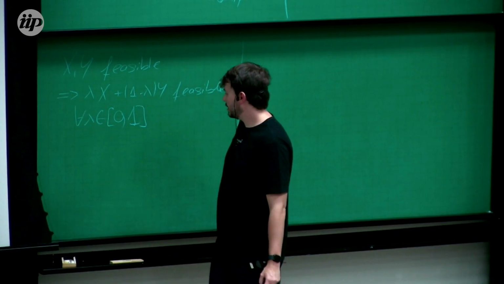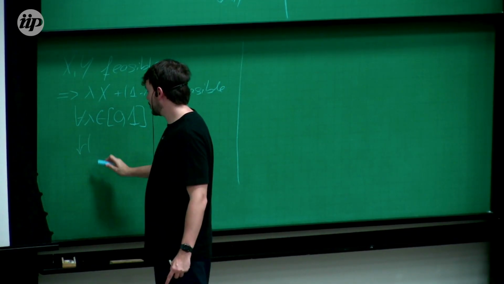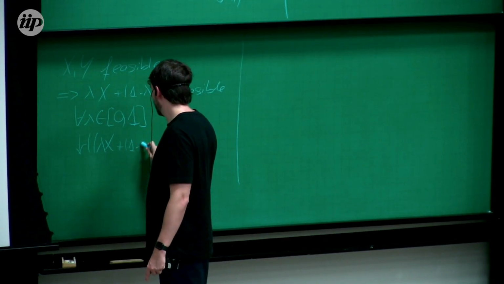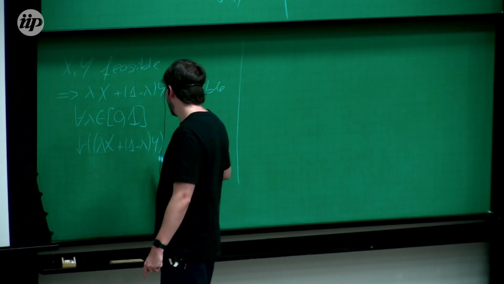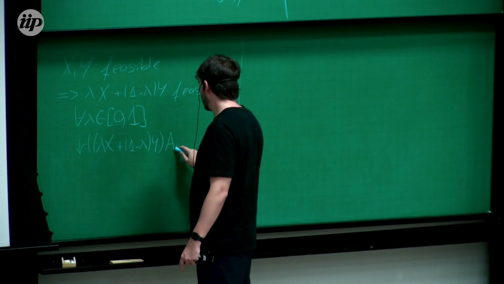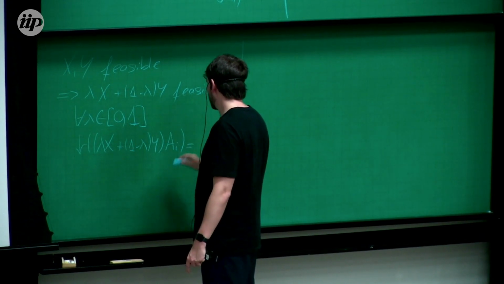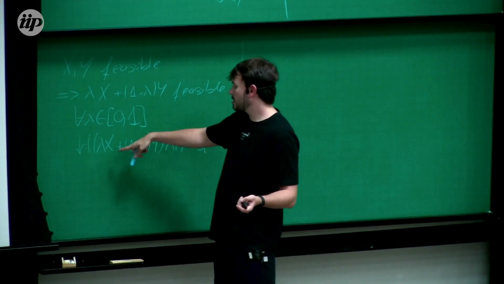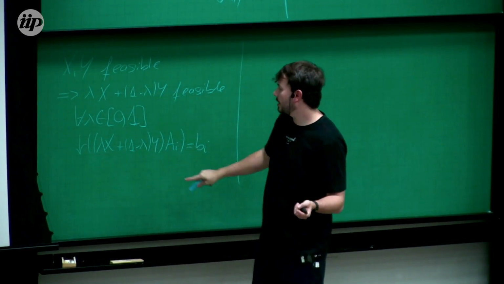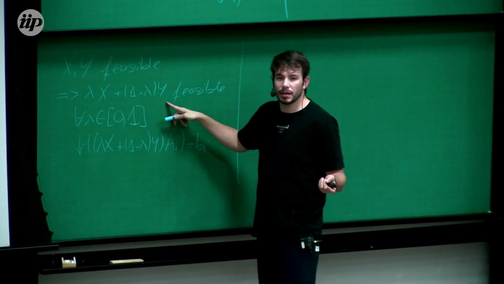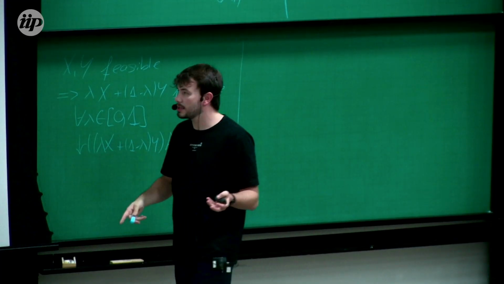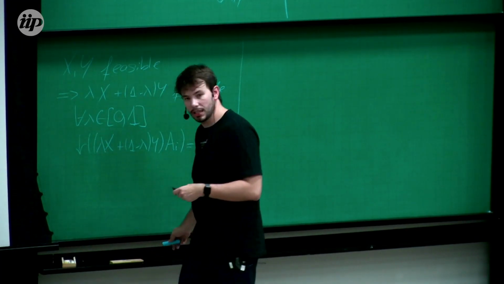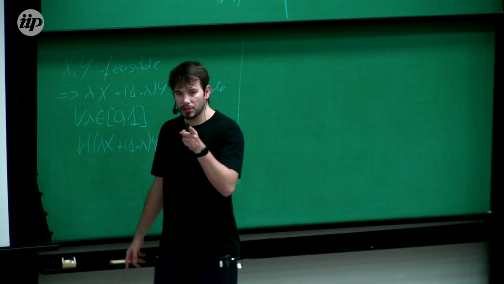Because the trace of (lambda X plus (1 minus lambda) Y) times A_i is just going to be equal to b_i, because they themselves are feasible. And if you take convex combinations of PSD matrices, everything stays PSD. So that's what I meant by convex constraints. Is that your question? Okay, good.